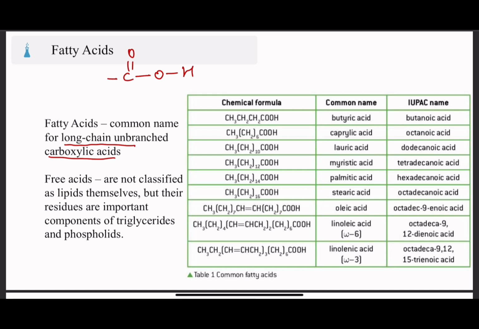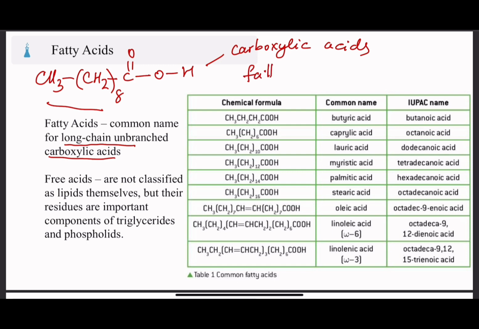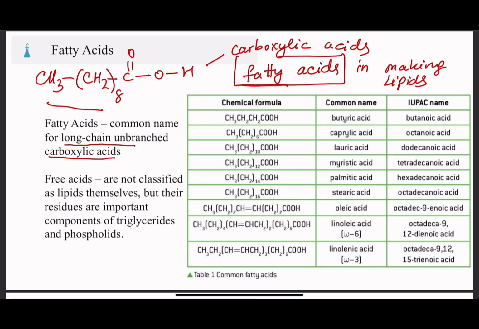And if this chain has lots of carbons, let's say 8 carbons, ending with a methyl like this, the longer it gets, we no longer call them carboxylic acids, although they are part of the group of carboxylic acids. We call them fatty acids, because they are involved in making lipids, which is why we call the longer chains fatty acids.